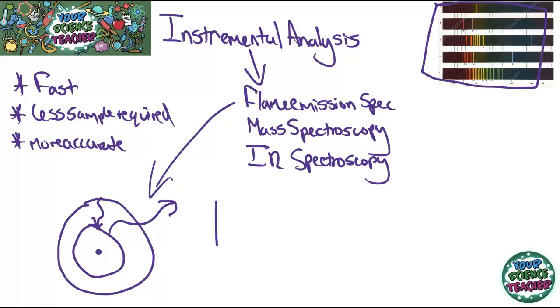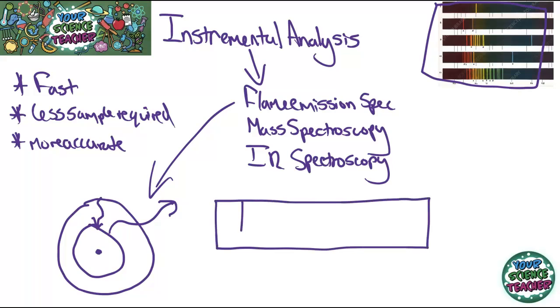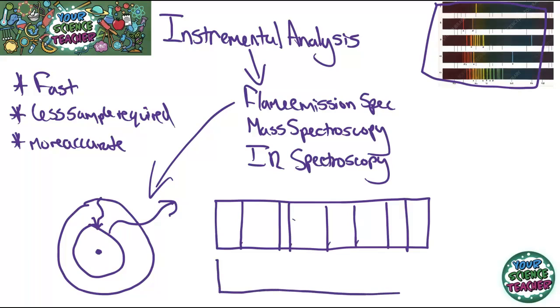For example, you could get a spectrum that looks a little bit like this. It would be produced like this, and you get these lines coming out. And this is just an example, I'm just making this one up. That could be your spectrum that's produced, and then what you'd do is you'd go away and you'd find out what the spectra of the different metals are, and you'd match them up.